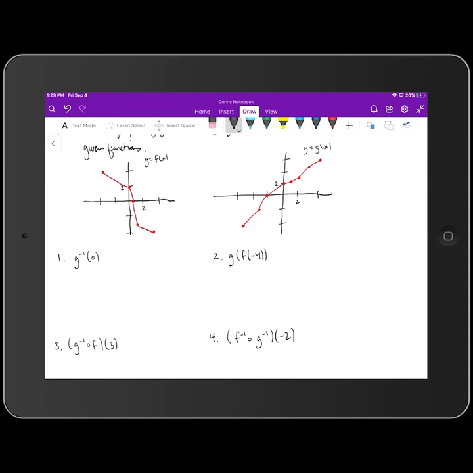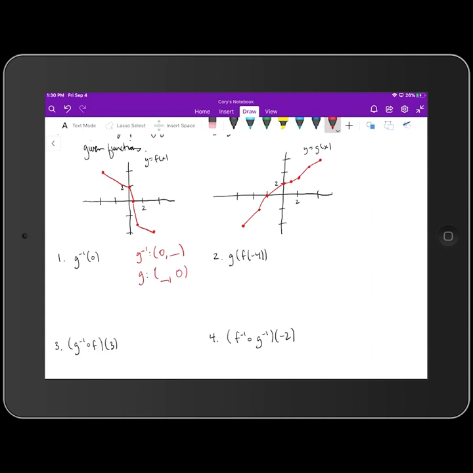Okay, so if we want to calculate g inverse of 0, that means that on the graph of g inverse, 0 is our input. We want to calculate what the output is going to be. But again, we're not given the graph of g inverse. We're given the graph of g instead. So if I'm going from the graph of g inverse to the graph of g, we know we have to switch the x and y coordinates of every ordered pair.